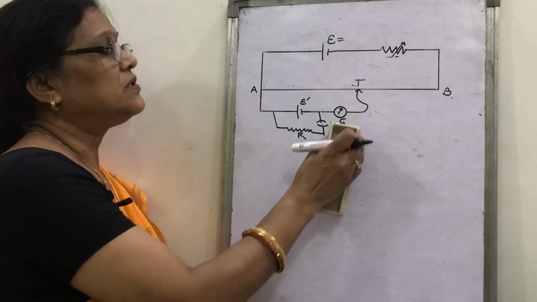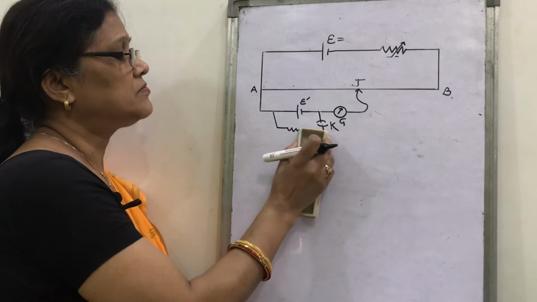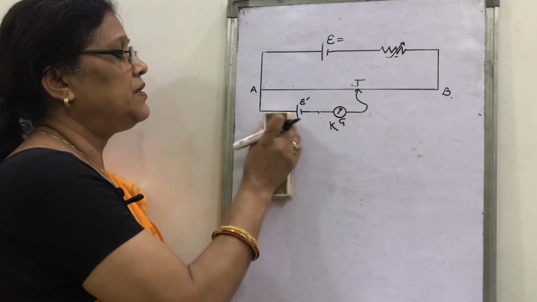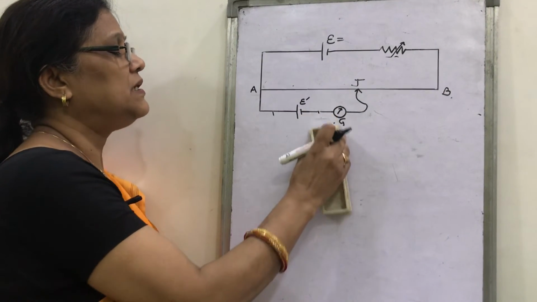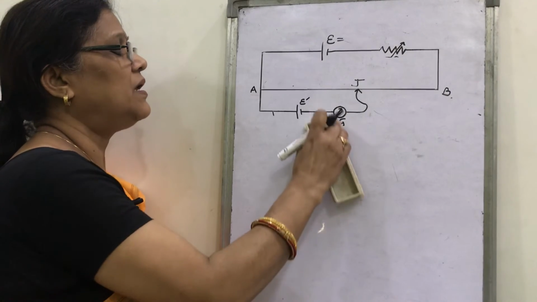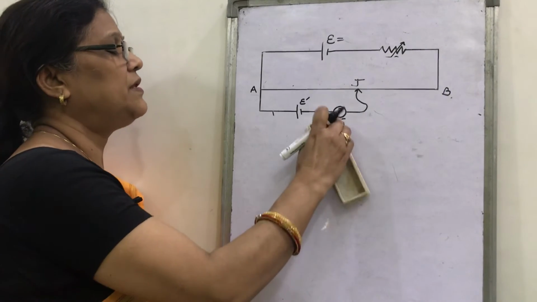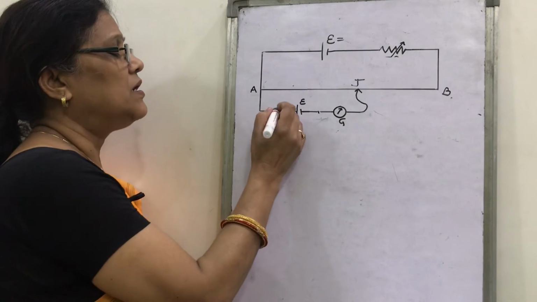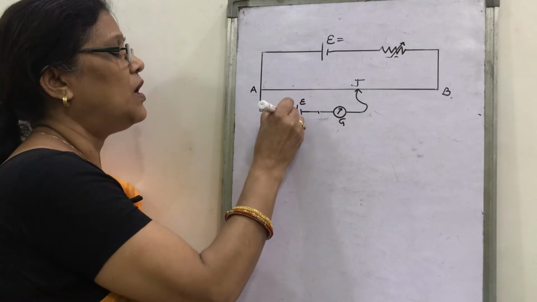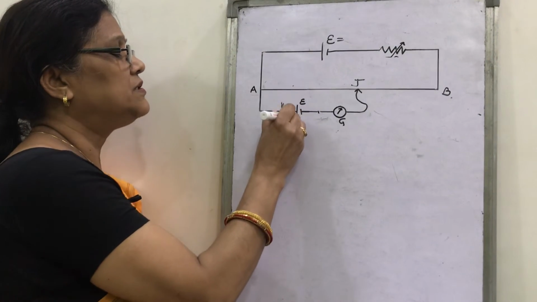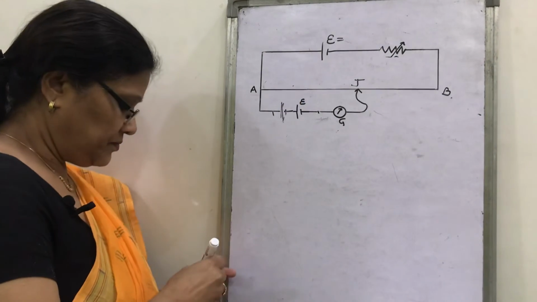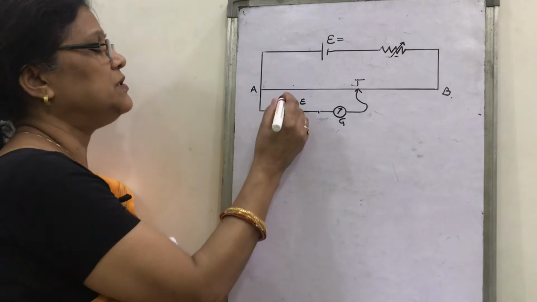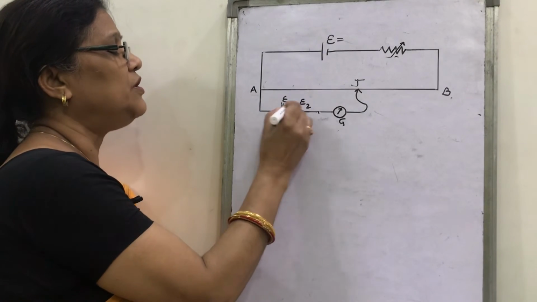So, how will you draw the circuit here? To find the EMF of two cells in series, the two cells are connected in opposite ways. Suppose this is the cell E1 and this is the cell E2.